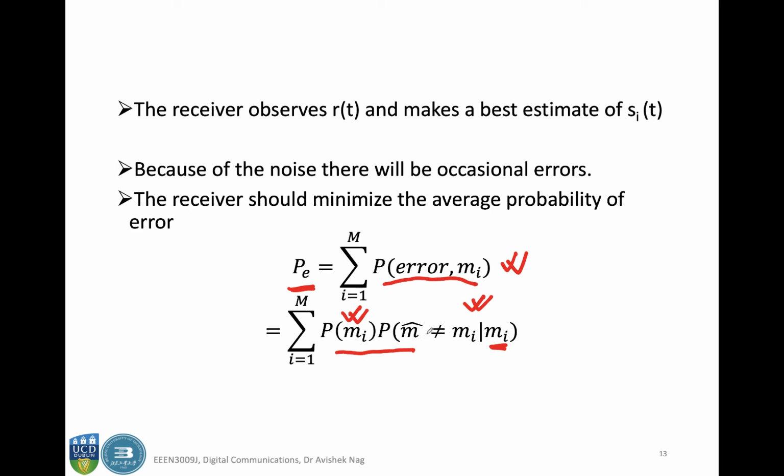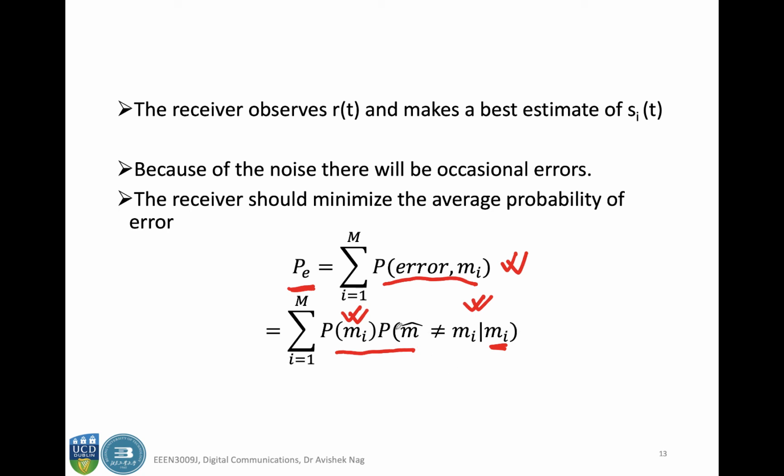So you are observing r(t) and trying to make an estimate m hat, and if that estimate m hat is not equal to your original transmitted symbol, then you are making a mistake, and that's the error. So what is the probability that you are going to make that mistake given m_i was transmitted?